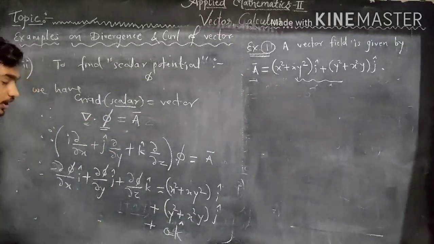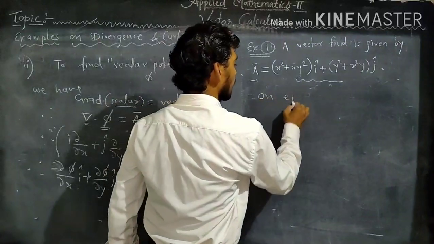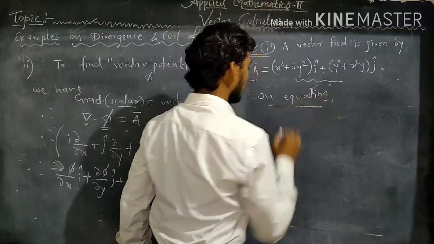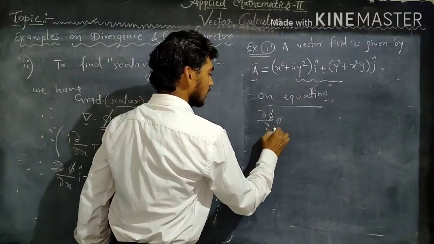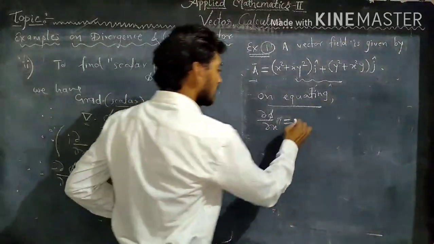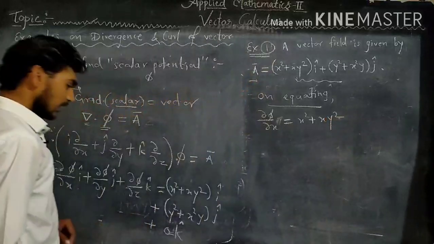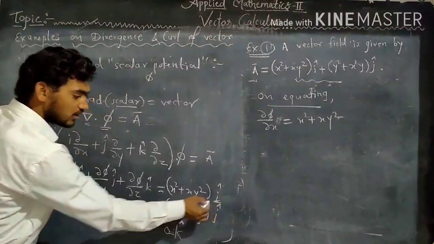Now on equating, we will get del phi by del x equal to x square plus xy square. That is, we have equated the coefficient of i.